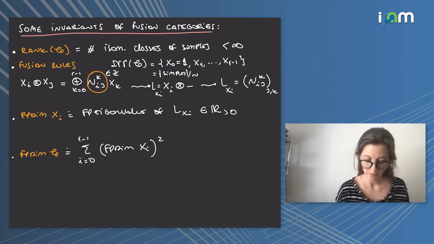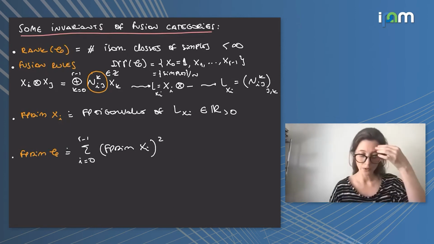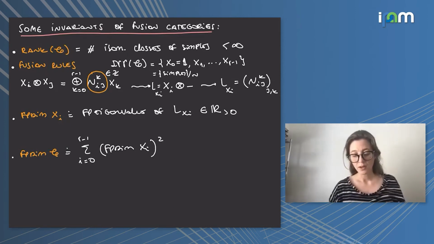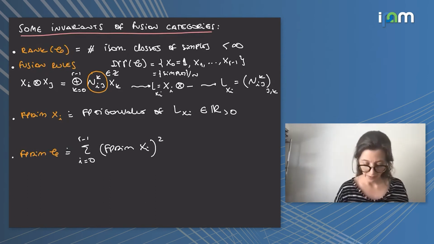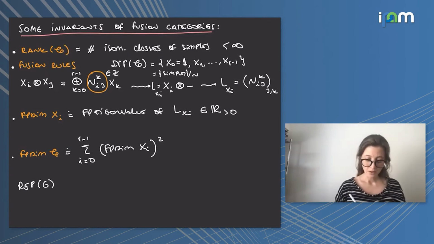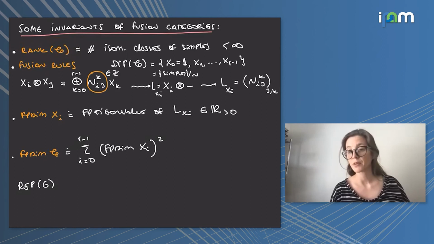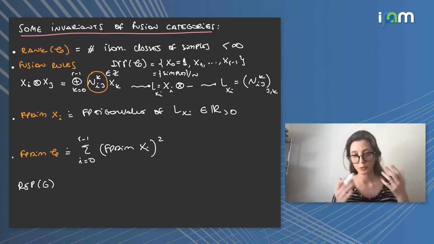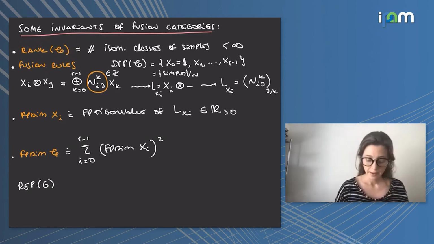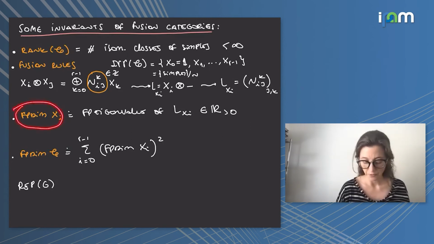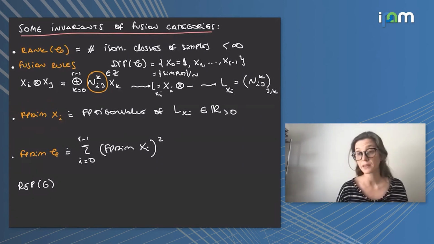Why do I say to think about group theory? Because let's think for one second of our previous example, Rep G. Here the rank is just the number of irreducible representations up to isomorphism. And when we compute the Frobenius-Perron dimension, what will happen is that it's just the dimension of the representation as a vector space.